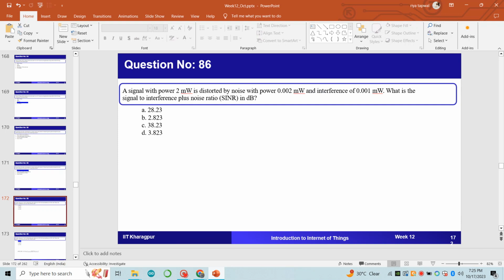Okay, so formula for calculating signal to noise ratio in decibel is 10 log to the base 10 inside brackets, signal power divided by noise plus interference power.